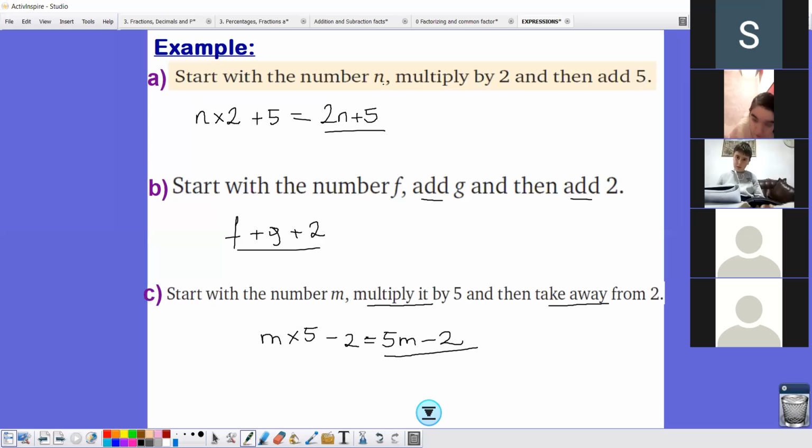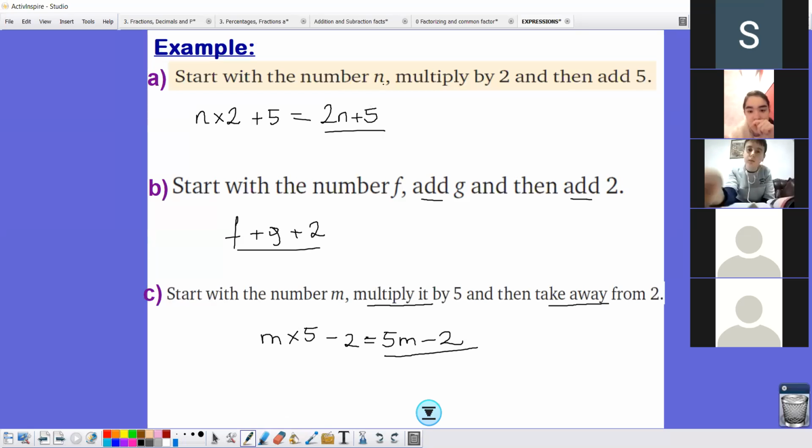For example, you cannot say that 5m minus 2 is 3m, or make 2n plus 5 into 7n, because we don't know the value. The aim here is only to write the expression correctly.